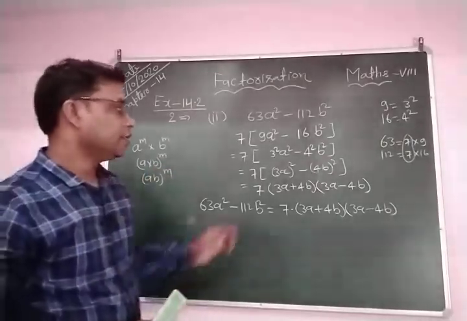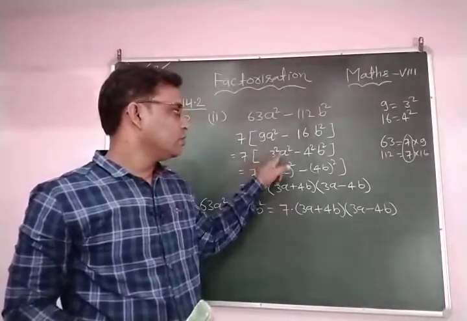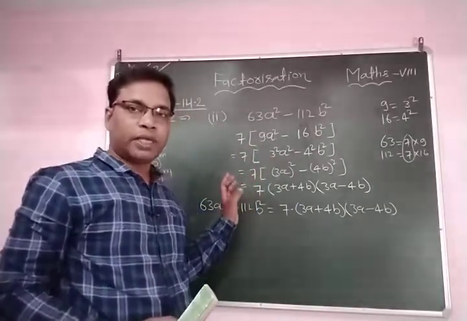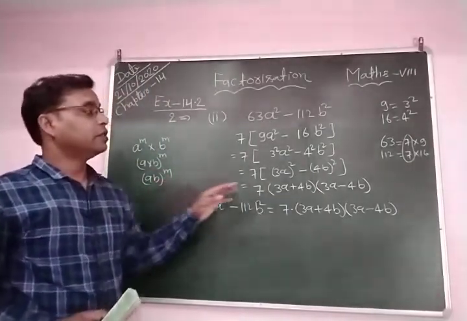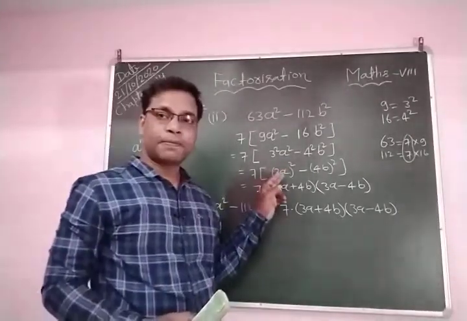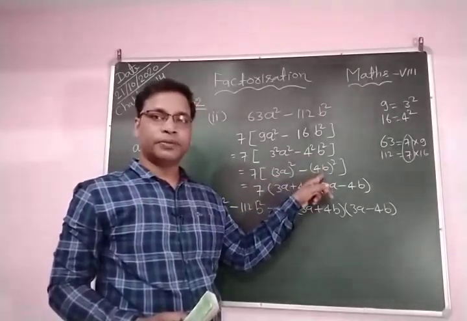Similarly, we can write here 3 power 2 into a power 2. You can see here we apply this law of exponents. So we have whole square of 3a minus also here whole square of 4b.